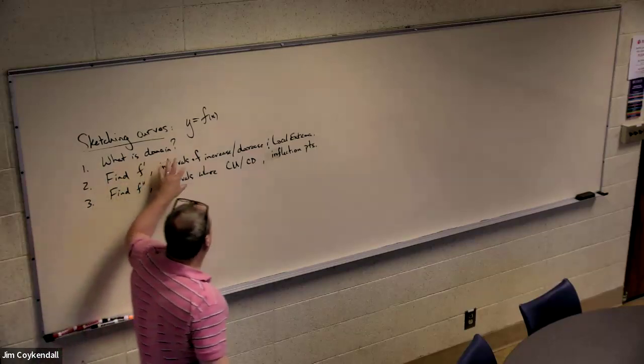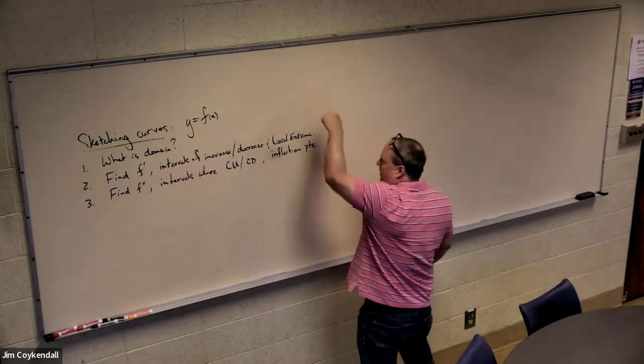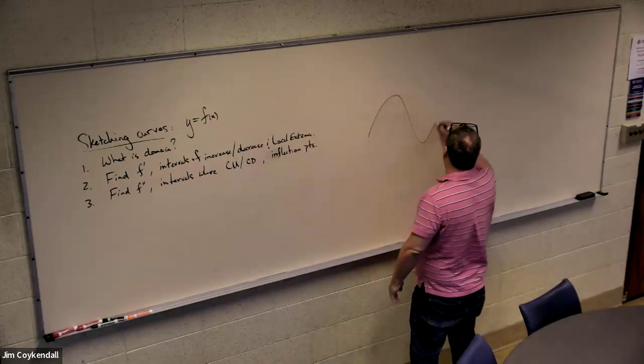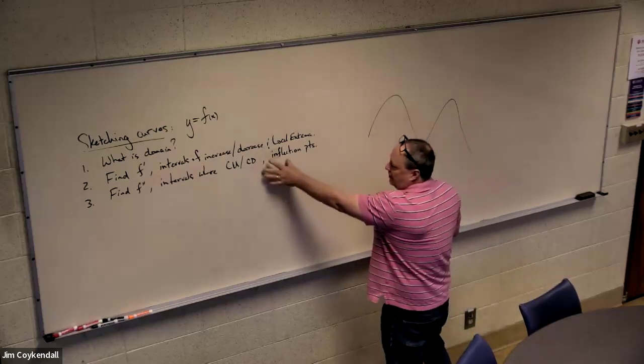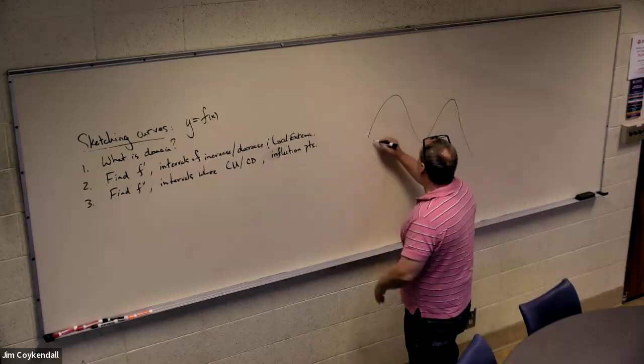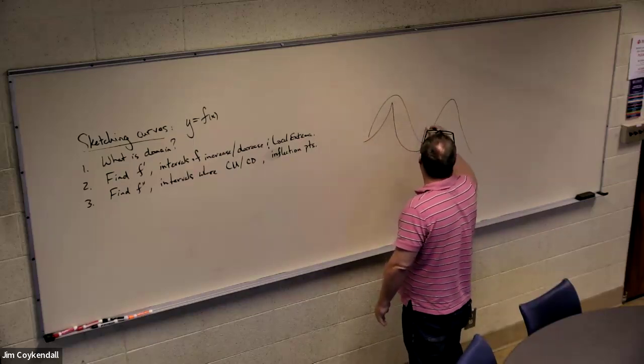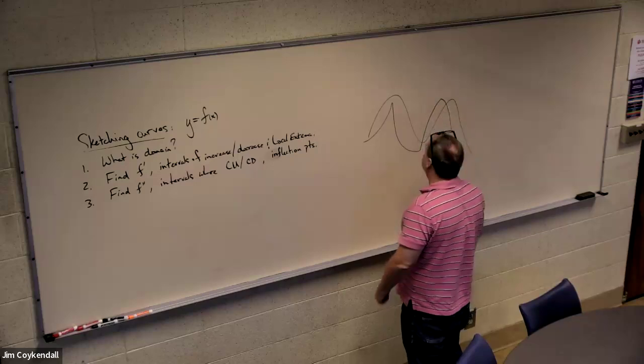This will give you kind of the gist of it, right? I mean, where it's going up, where it's going down. And then this adds a little icing to the cake. What does this curvature look like? Is it going up? Does it do like this? Or does it do something else, right?